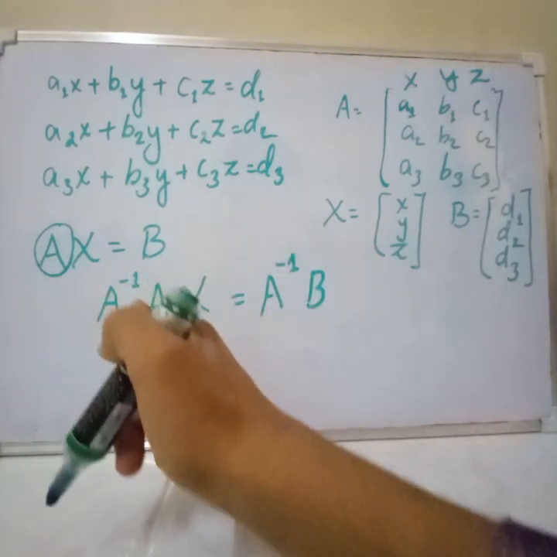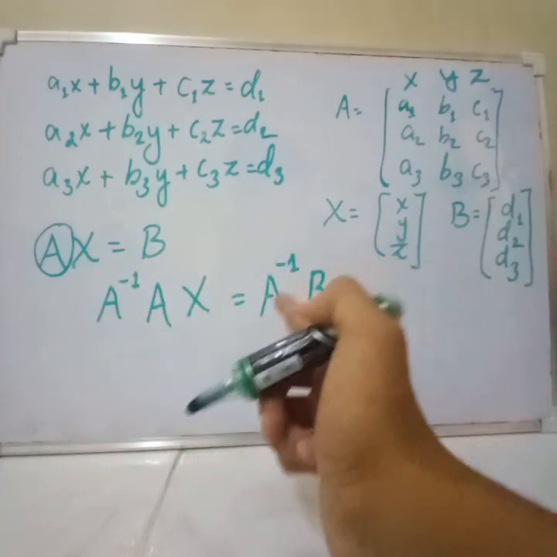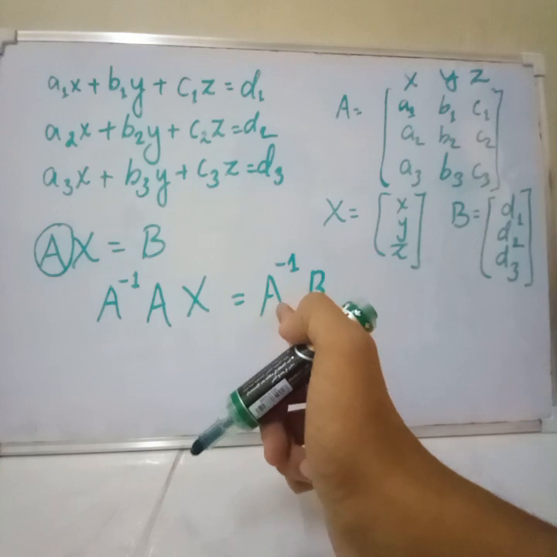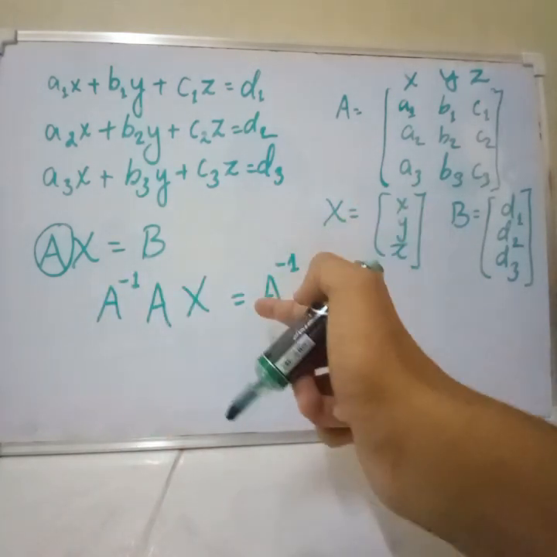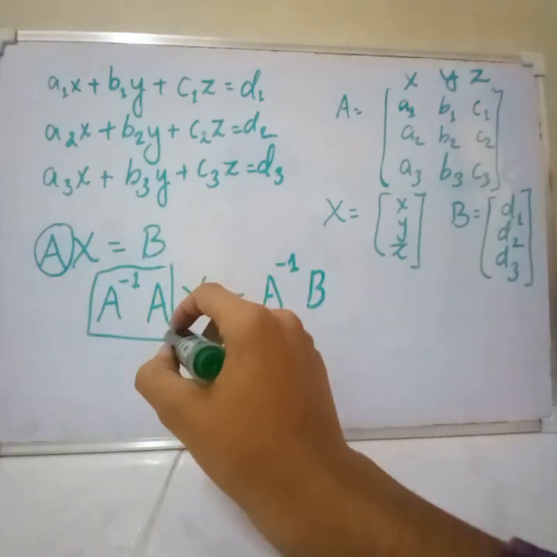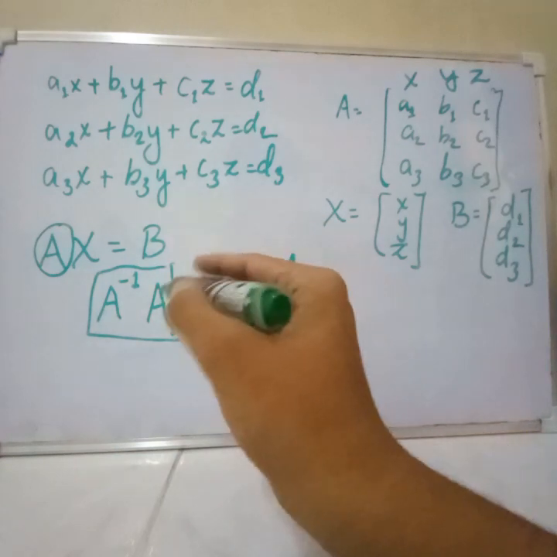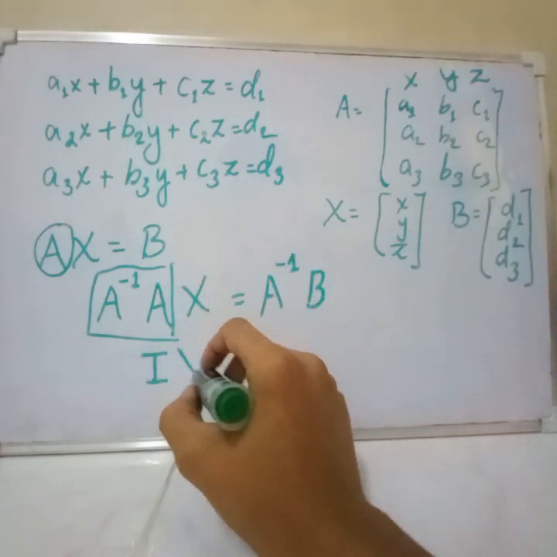So before this A, we have an A inverse. On the other side of the equal to sign also, you have to add an A inverse before the B. Here we added it before A, so here also before B. When we do A inverse A or A into A inverse, in any order, you will get the identity matrix.